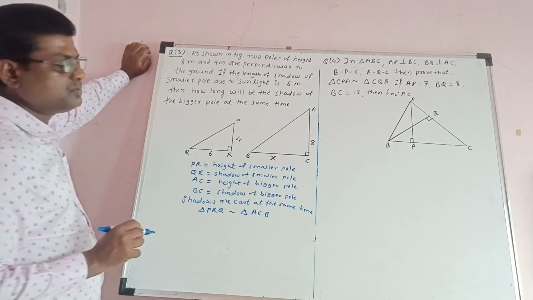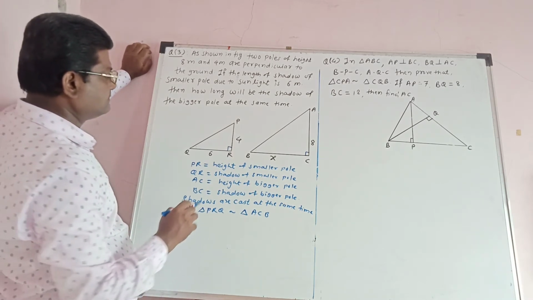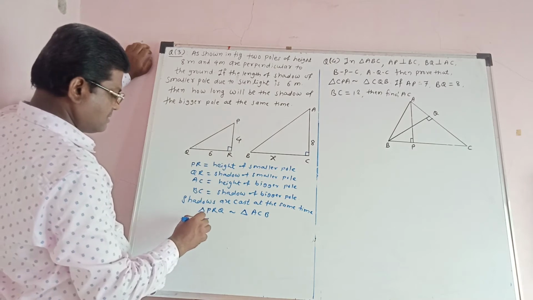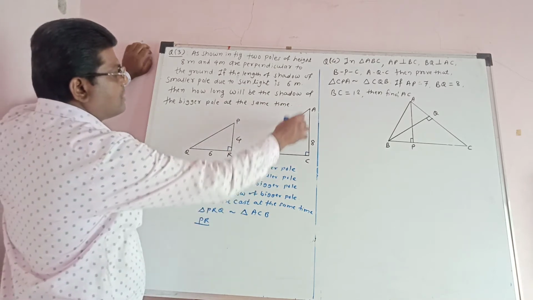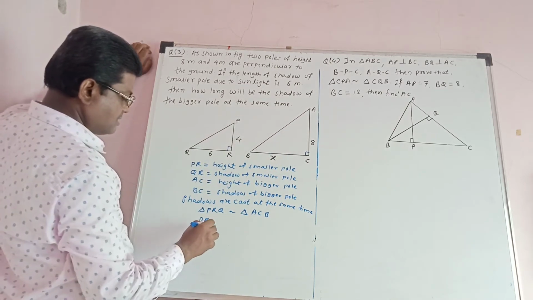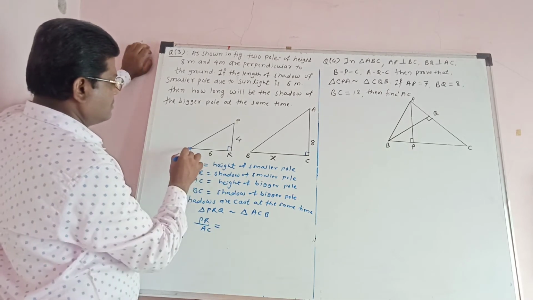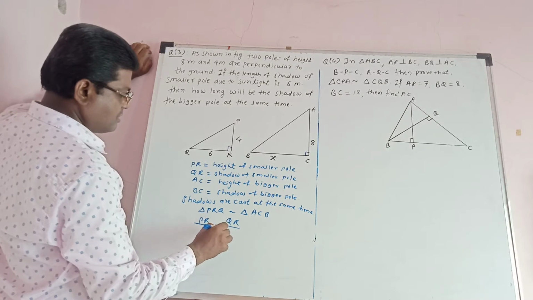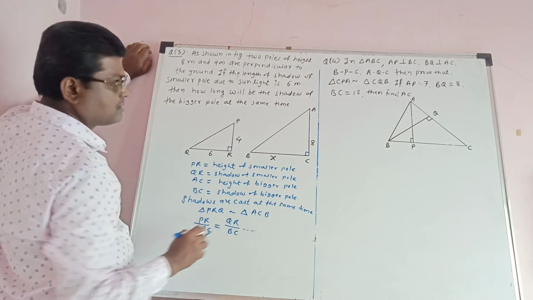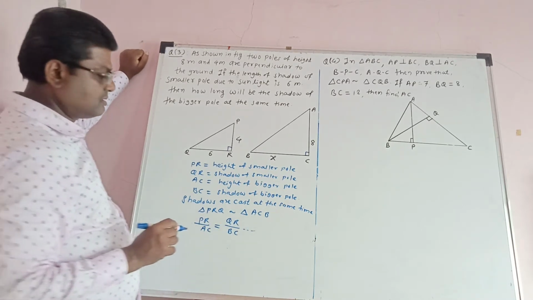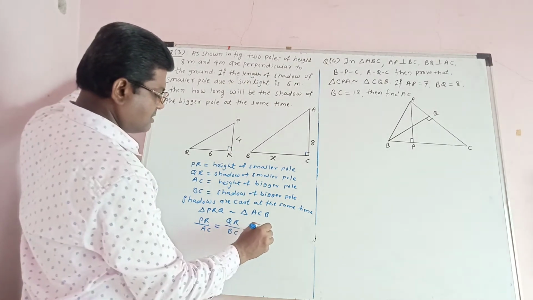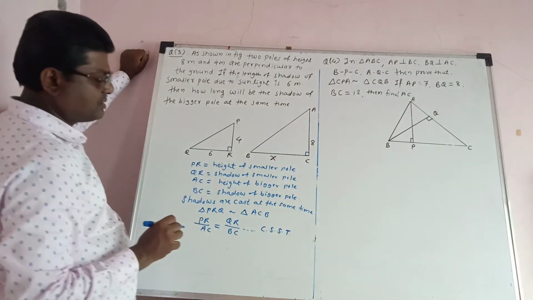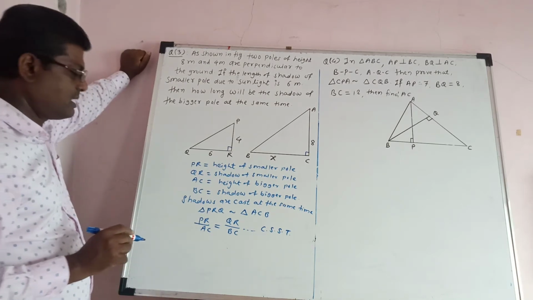These are the two triangles similar. Therefore, ratio of PR upon AC is equal to QR upon BC. This is called CSST, corresponding sides of similar triangles.